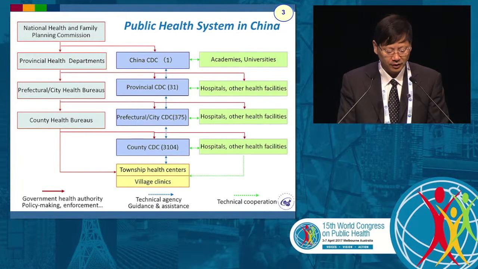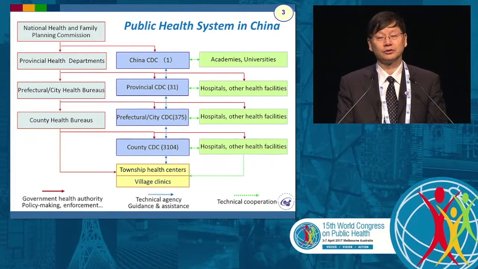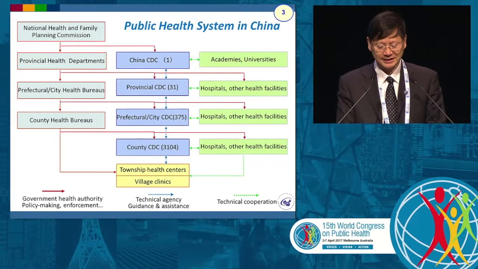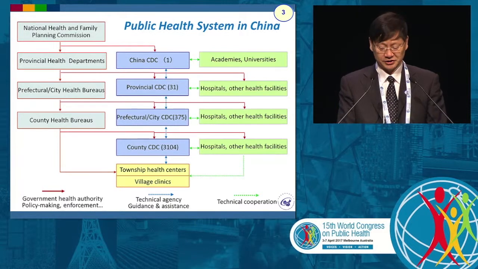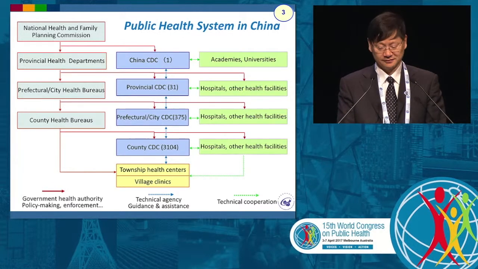The middle pillar is the public health technology institutes, including the national China CDC, 31 provincial CDCs, 375 prefecture CDCs, and 3,104 county CDCs.